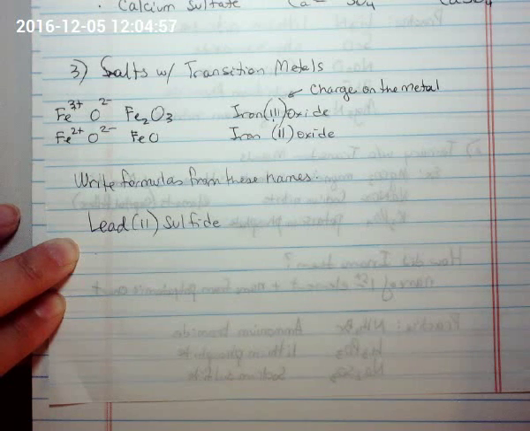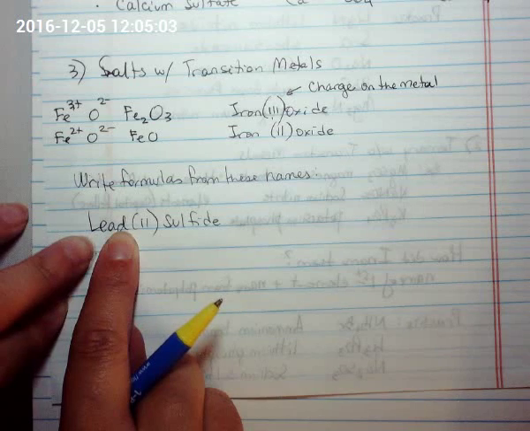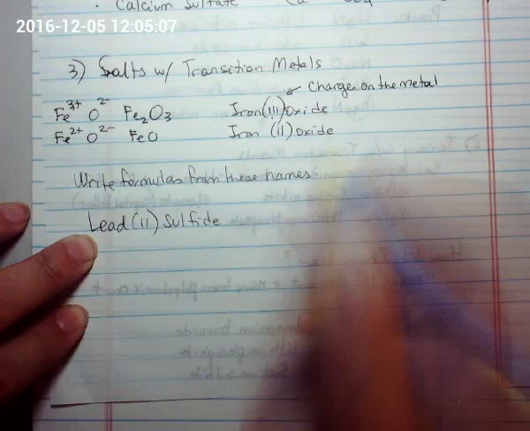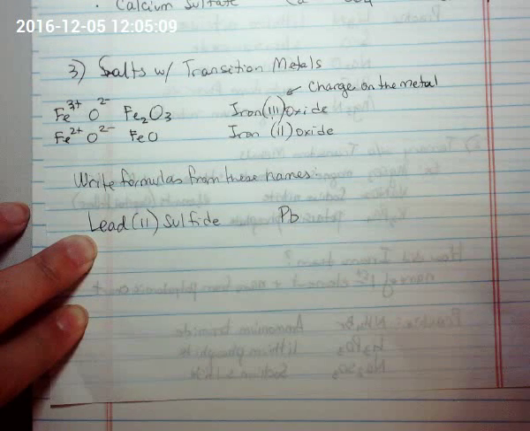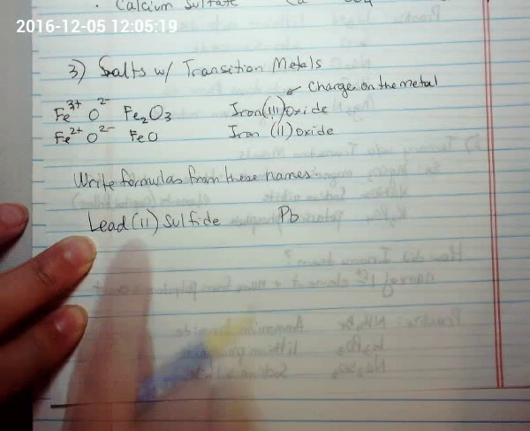We wrote the ions, we crisscrossed, we reduced. What are the ions present here? What's the first ion in this name? Lead. What charge does it have? Well, beats me. I didn't memorize it. Do I need to memorize it? No, I don't. We have a chart. What's that, Caitlin? 2+. It's right there.